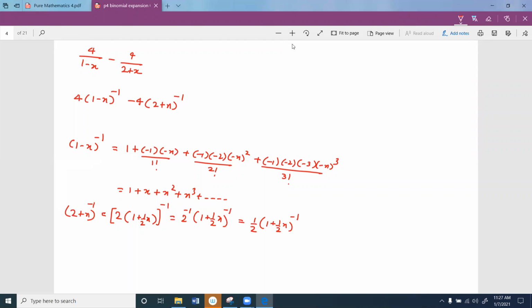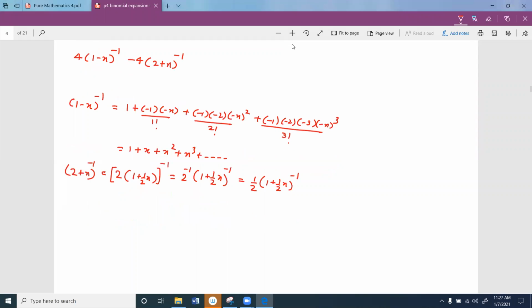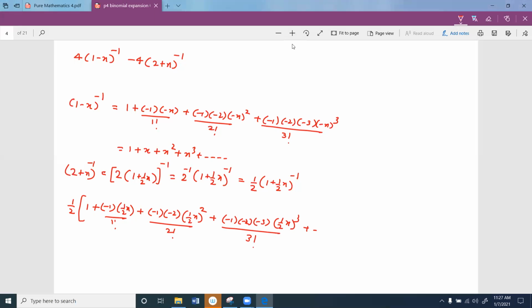Then you can do this expansion: 1 over 2 times 1 plus n, where n is minus 1, into 1 over 2x over factorial 1, plus n(n minus 1) over factorial 2, plus n(n minus 1)(n minus 2) over factorial 3, and it goes on.